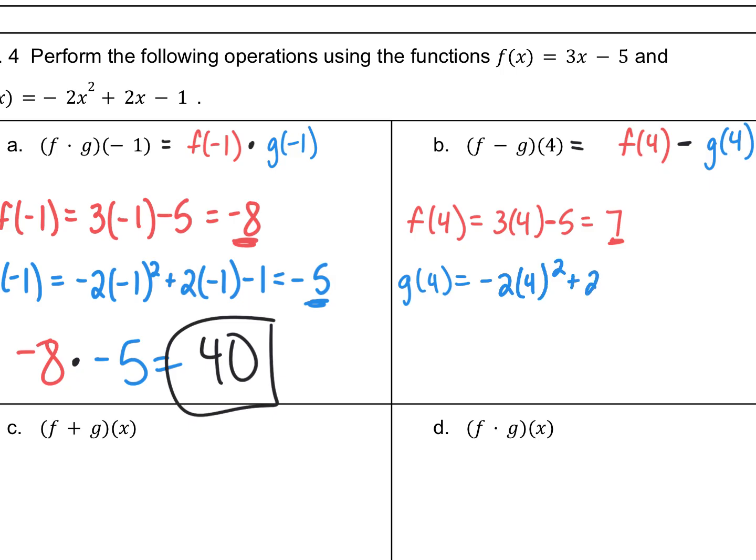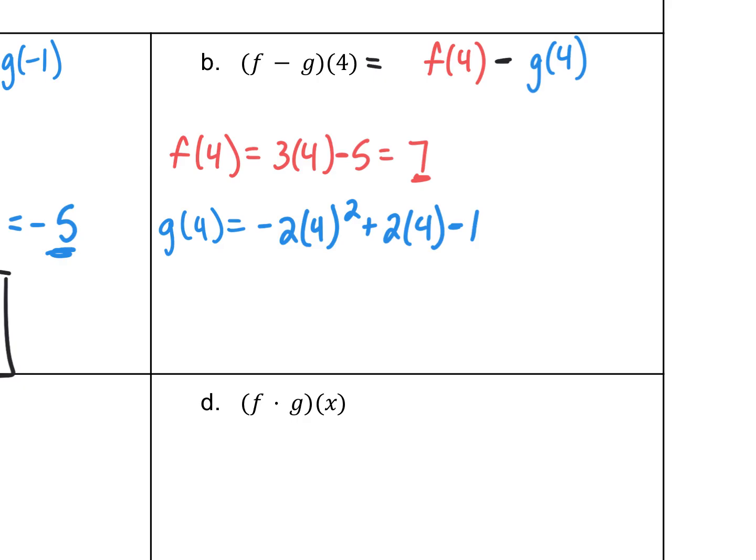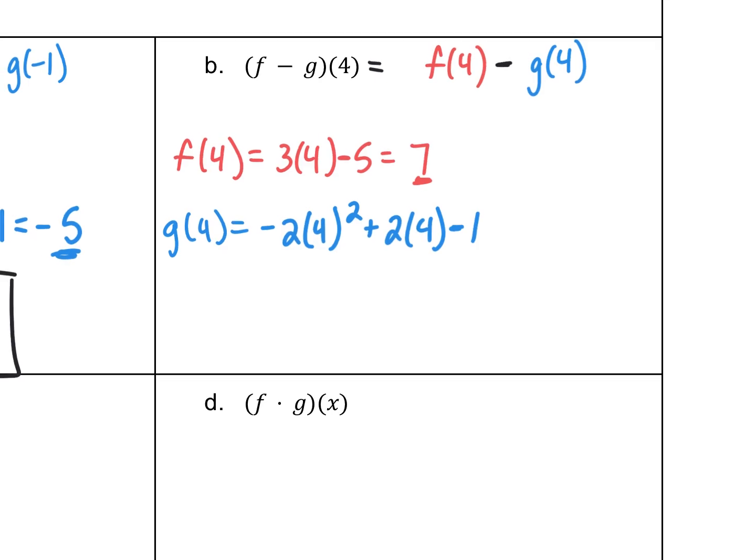Just make sure we set it up correctly. Make sure we see that negative in the front, okay? If we write things down wrong, we're not going to get them right, okay? And what does that come out to? Negative 25. Negative 25? Do we all get negative 25? Yeah? Negative 2 times 16 plus 8 minus 1 gives me negative 25.